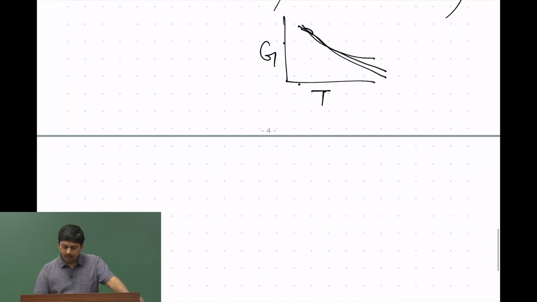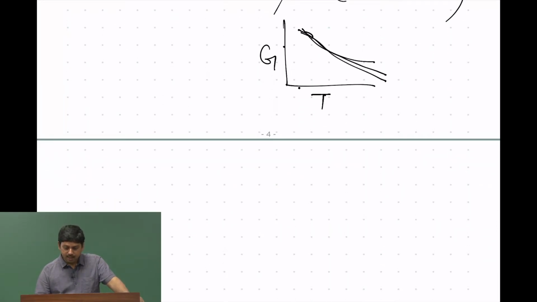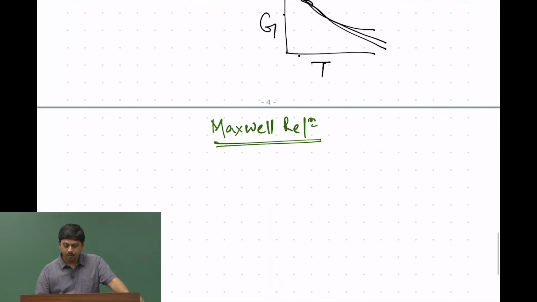So, to help us understand the thermodynamic relations, there is something called the Maxwell relation, which is very famous in thermodynamics. Typically people try to remember it, but I will show you a way that you do not have to remember it at all.